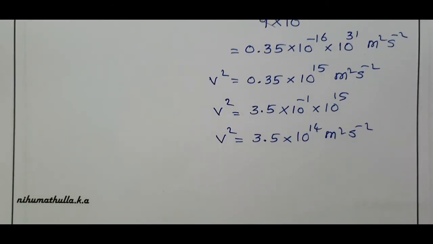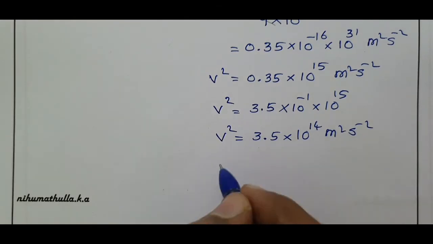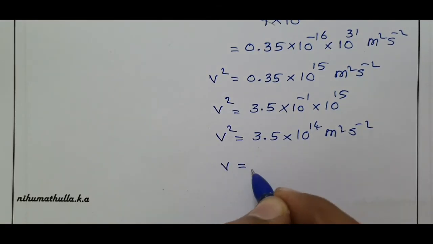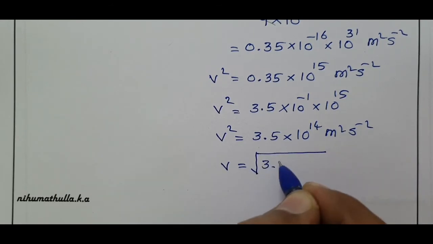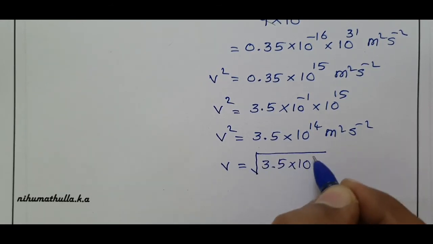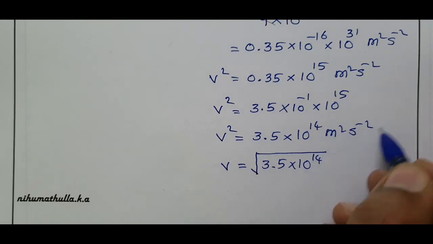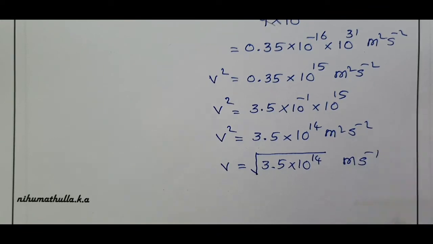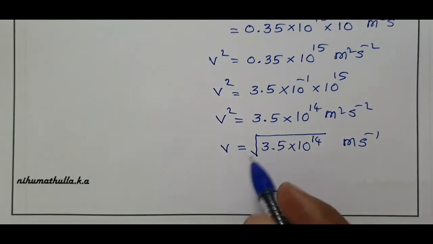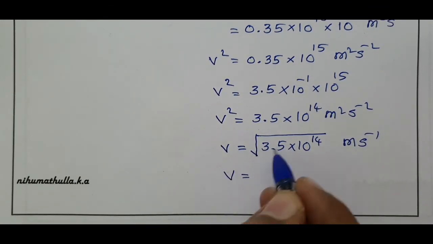Now to cancel the square on the left hand side, we have to take the square root on the right hand side. Square root of 3.5 into 10 power 14, square root of meter squared second power minus 2, equals meter second power minus 1. Now what is the value of root 3.5?